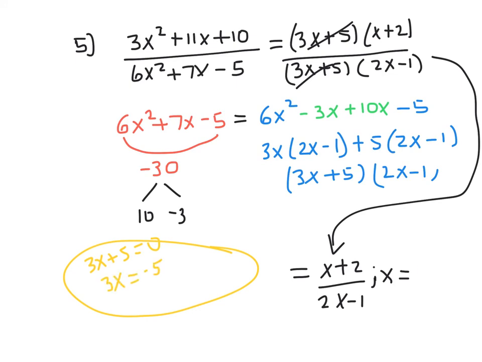So I see x cannot be -5 over 3, and also it cannot be a half, which I get by doing 2x minus 1 is 0. So when I solve this one, I get 1/2. Cannot be 1/2. So that's how to simplify rational expressions.